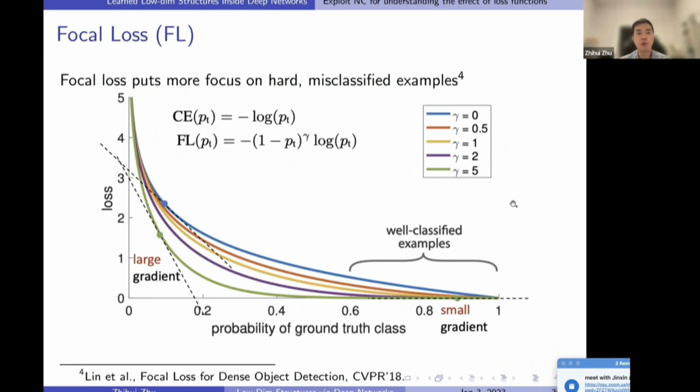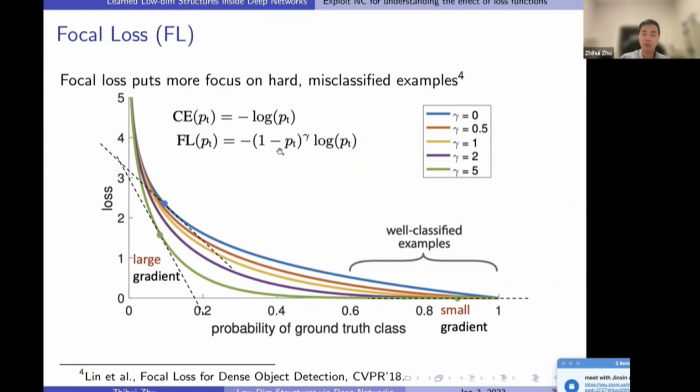Here is the so-called focal loss, which puts more focus on the hard examples by reweighting the cross-entropy loss. Here PT is the network output probability for that class. If PT is small, which means the sample is misclassified, then we add a relatively large weight. On the other hand, if PT is close to 1, which means the sample is well classified, then we add a small weight.